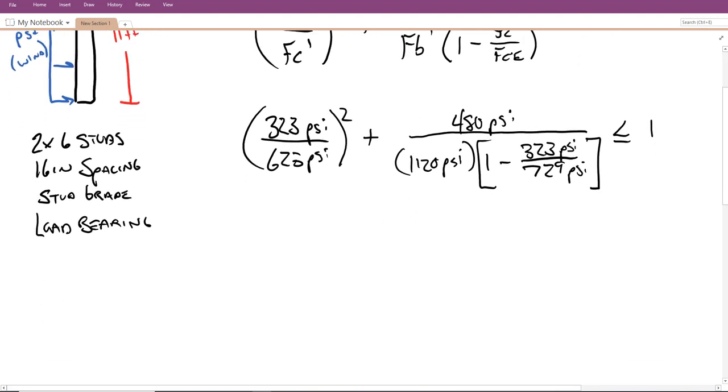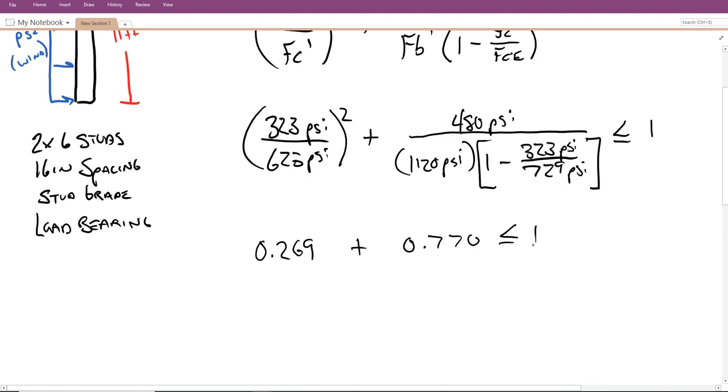I actually like to solve the left side of this separately than the right side. So if we were to plug this ratio in and square it, it was 0.269 on this side, and then on the right side, plug all that into your calculator, and it was 0.770. Essentially, it means as far as compressive stress is concerned, we're about 27% of capacity, and as far as bending stress is concerned, we're about 77% of capacity.